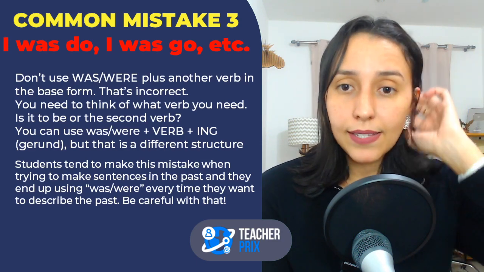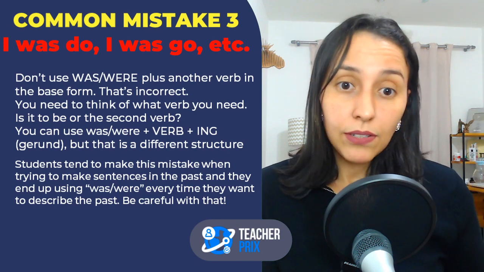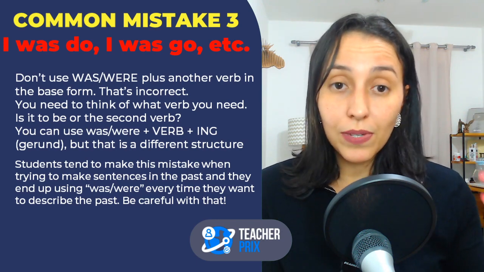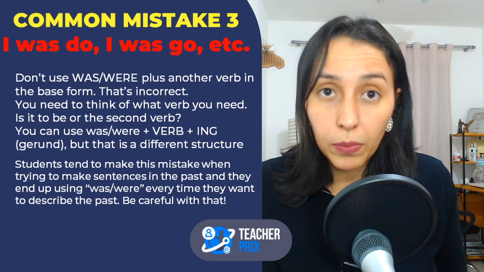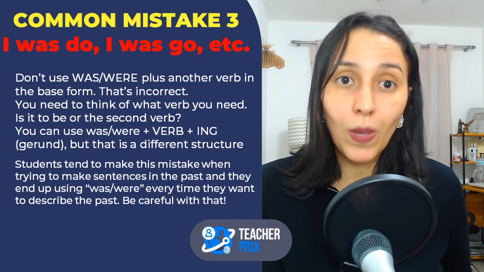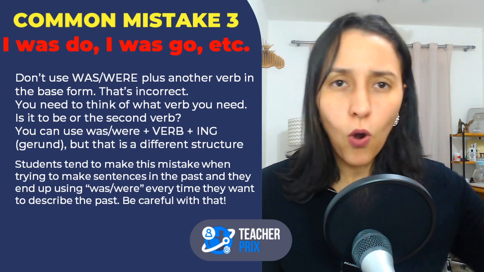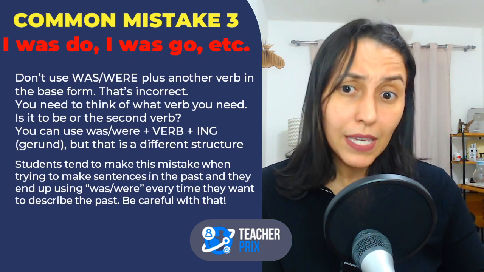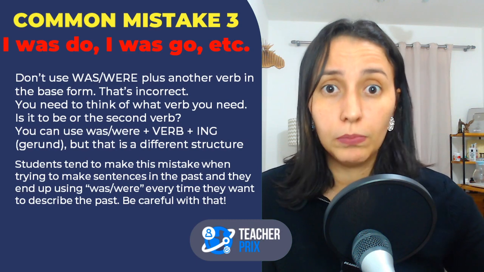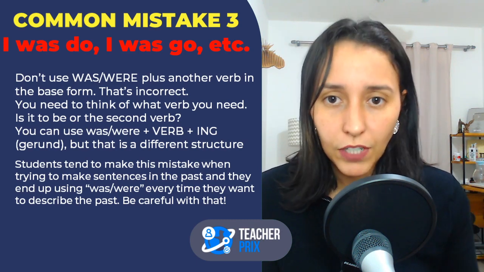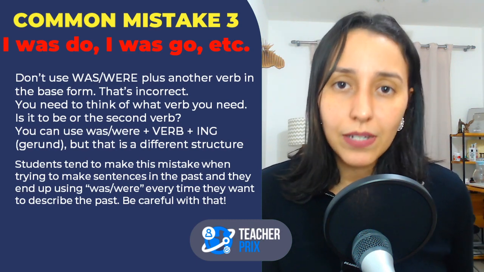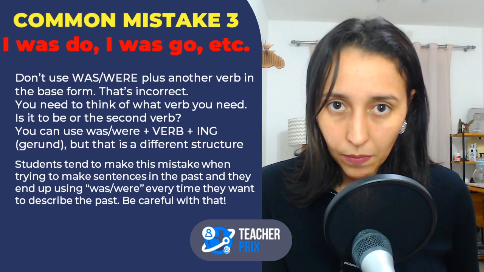Actually, before this lesson, I was talking to my student and she was asking me, but when do I use verb to be? Well, you use verb to be when you need verb to be. When verb to be is the main course of your dinner. When verb to be is the verb that you need. The main verb. I was tired this morning.